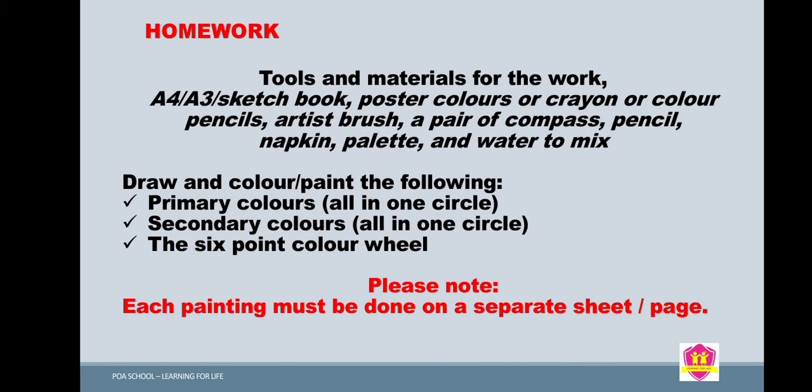But do not forget, each painting must be done on a separate sheet or page. So take your primary colors and do it big on one page, move to the next page and do your secondary colors, and move to the final page and do your 6-point color wheel.